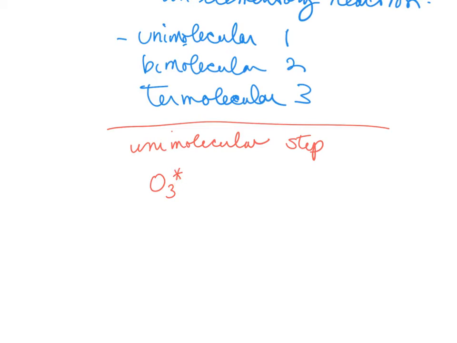So the star here tells you that it's ozone that's got a little bit of extra energy. Usually that happens when the electrons absorb the energy and get promoted into some higher orbital state. All right, so here's ozone out there. It's very excited. It's all by itself. And then it will spontaneously decompose to form O2 and O. So it's a unimolecular step because there's just one molecule on the left-hand side of the reaction.